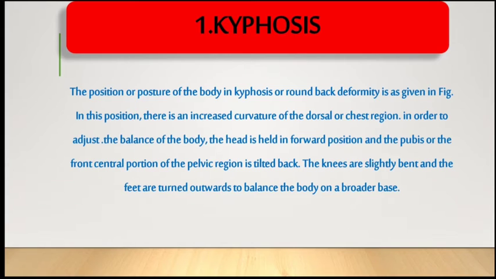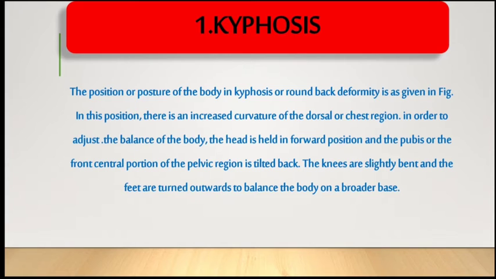In order to adjust the balance of the body, the head is held in a forward position and the front central position of the pelvic region is tilted back. The knees are slightly bent and the feet are turned outward to balance the body. Okay, so basically we know in kyphosis your upper spinal bones bend in a backward way. Okay, so this is about kyphosis.